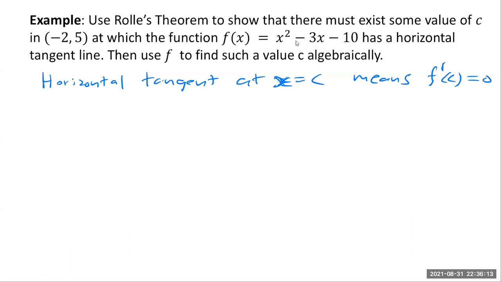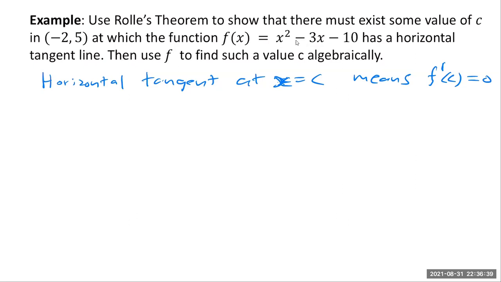That's what we mean by horizontal tangent line. F prime of C is nothing but the slope, right? Slope has to be 0 at that point. That's when we say that we have a horizontal tangent line. So we are asked to prove that there exists a point C such that my function f of x has a horizontal tangent line at x is equal to C.